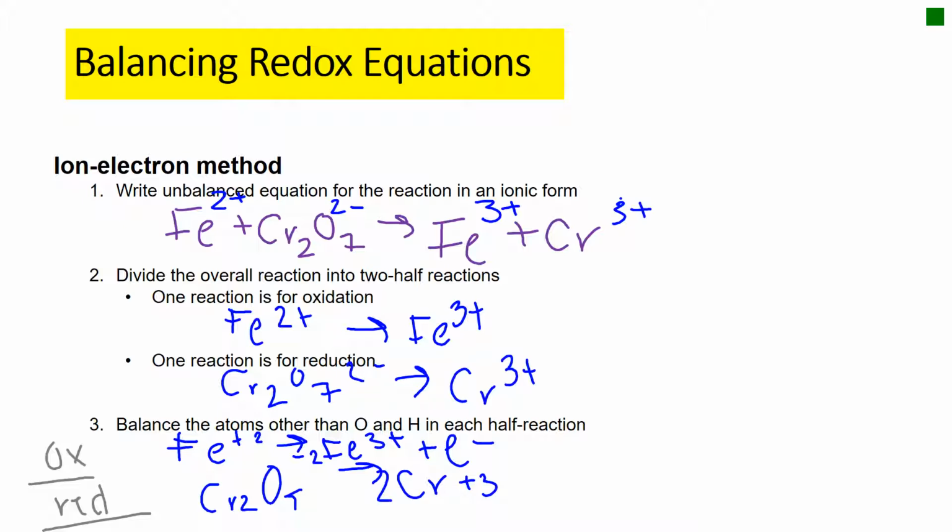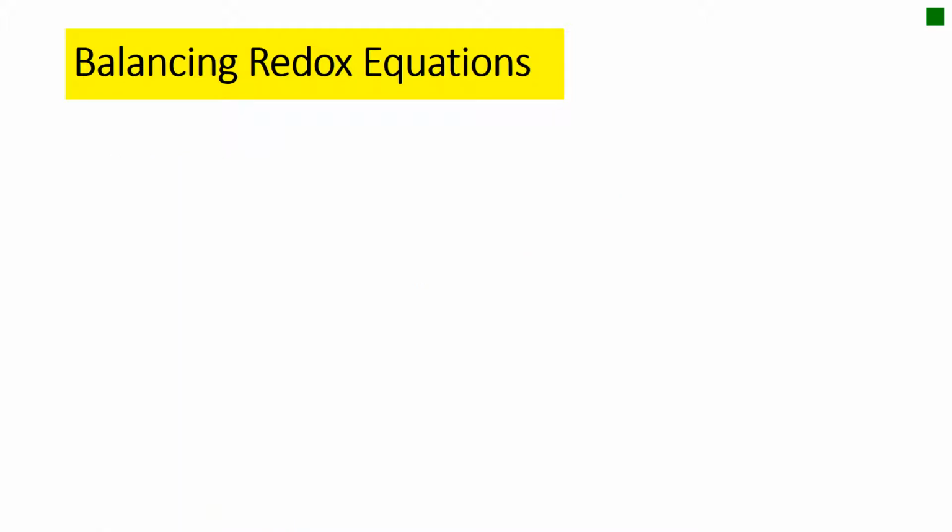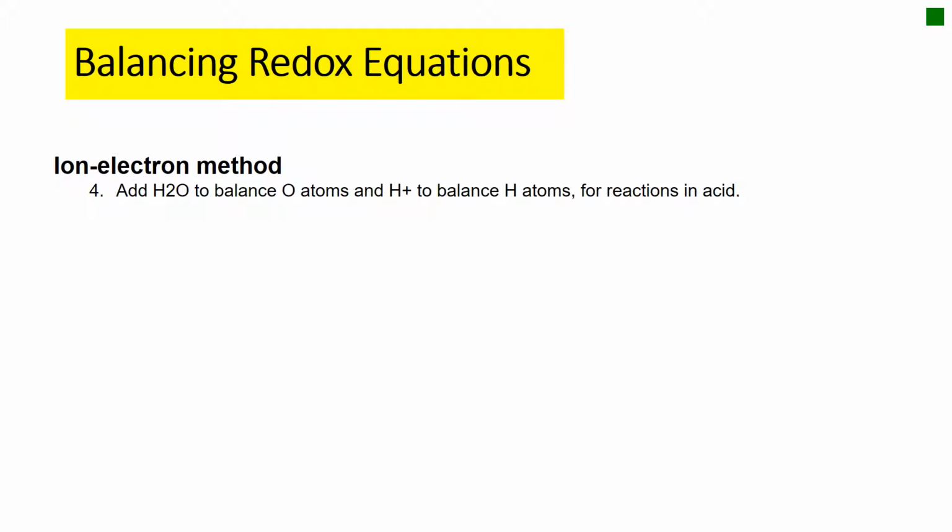Now we're going to go to our fourth step, which is going to be to add water to balance out the oxygen atoms and hydrogen atoms to balance the H atoms for the reactions in an acid. So that is going to look something like this. So you have your reduction equation like this from the previous step.